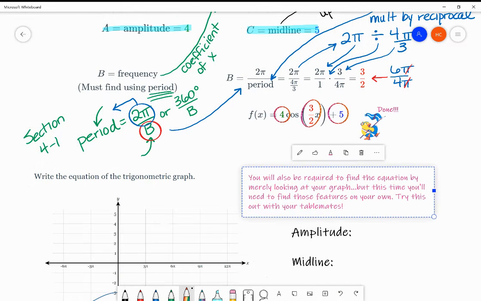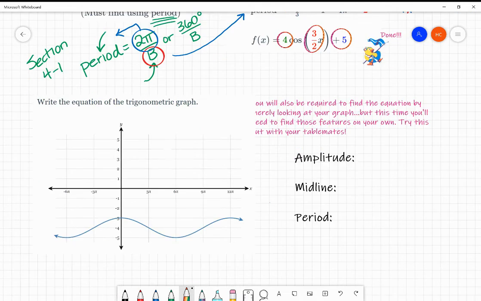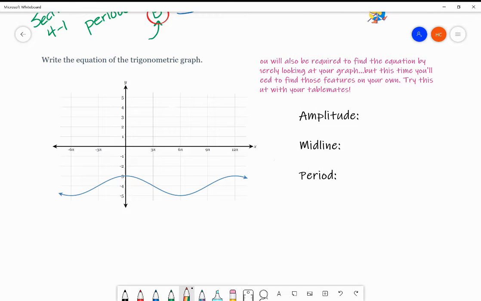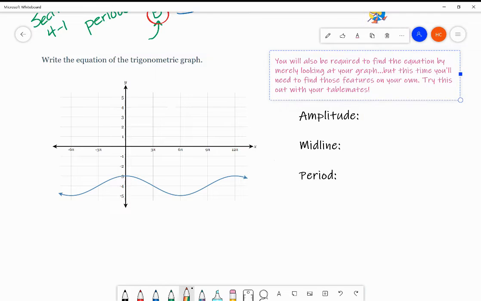Next, notice there's going to be a slight difference because they are going to give us a graph, and they're wanting us to use the picture of this graph to come up with the equation of this trig function.